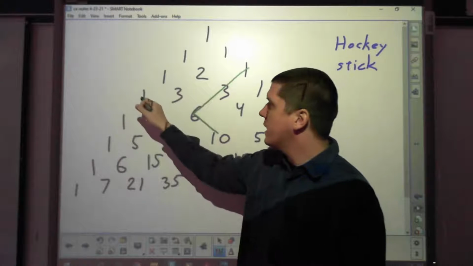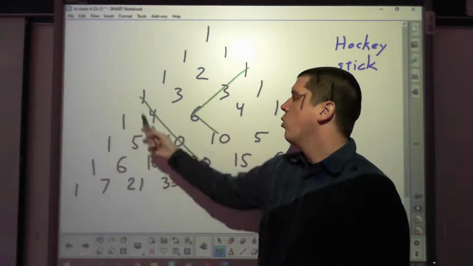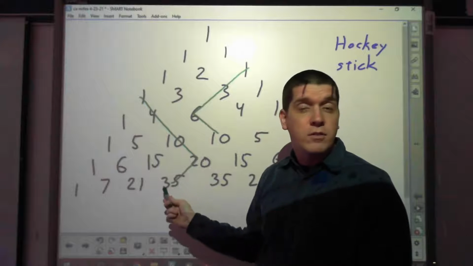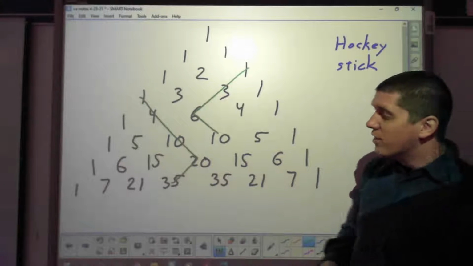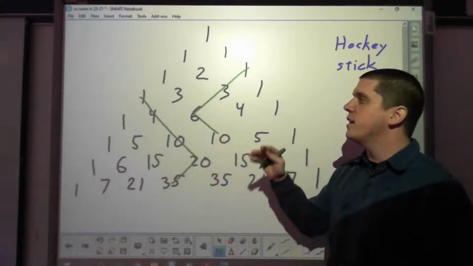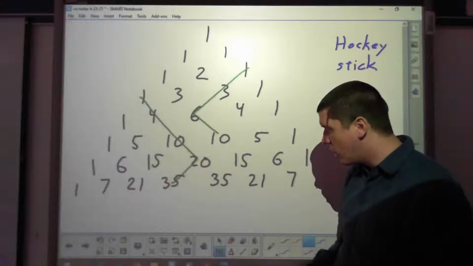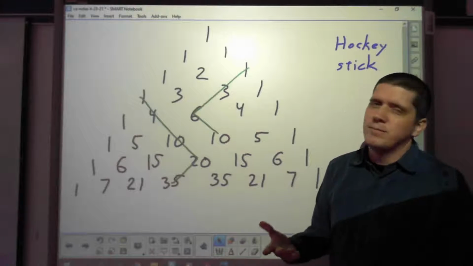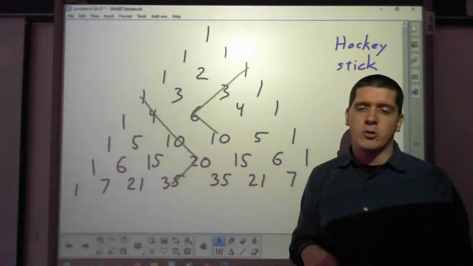If I go from here, 1 plus 4 is 5, 15, 35. Other than a mathematical principle of showing the idea of consecutive sums, this is just kind of a neat little thing that I always like looking at and showing.